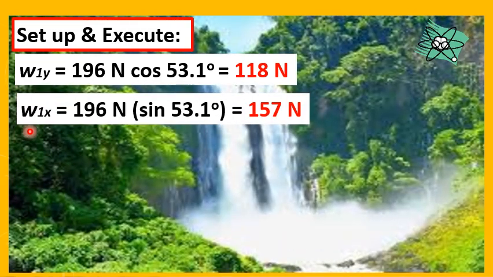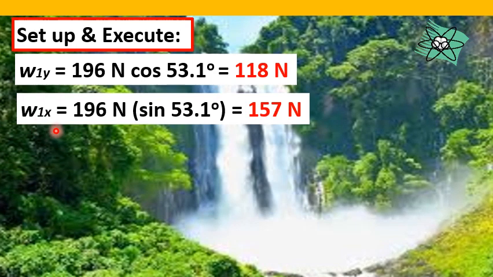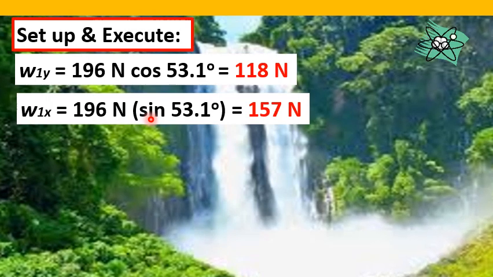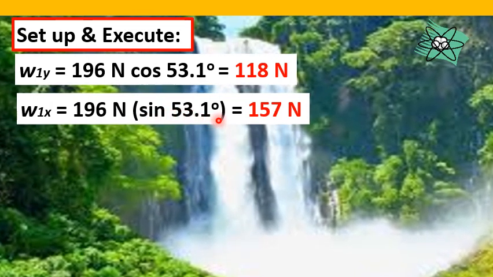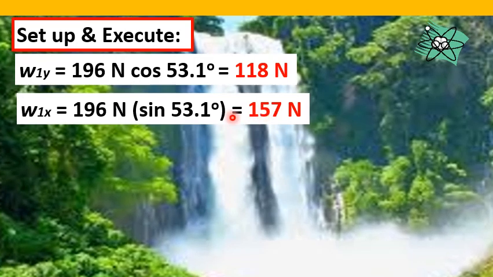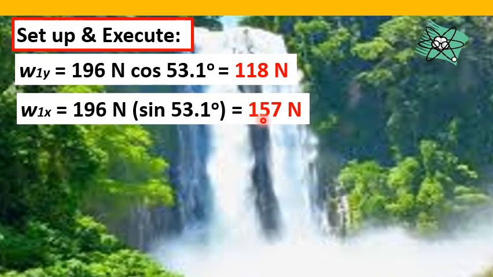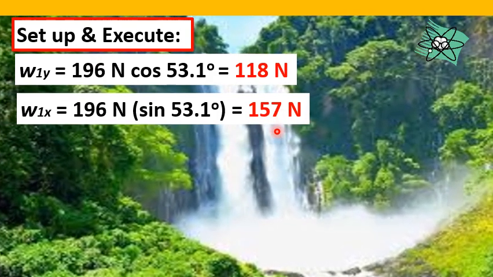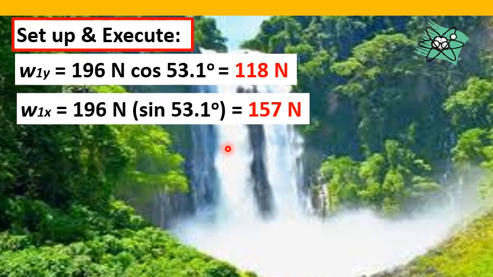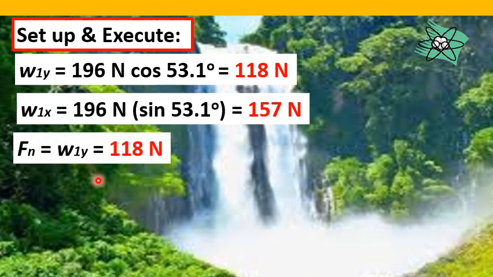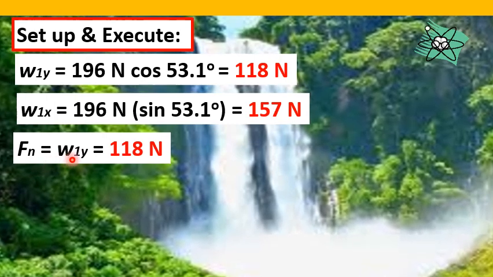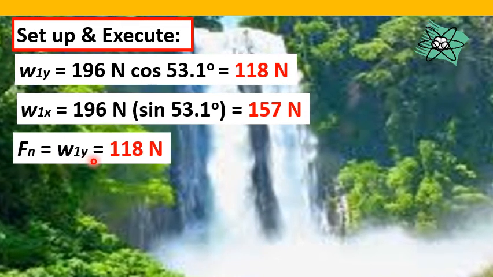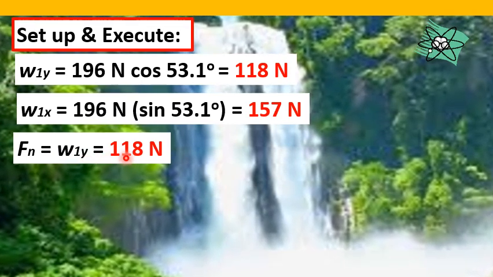Likewise, its x component, W1x, is equal to 196 newtons multiplied by the sine value of 53.1 degrees. So, doing our math, we find that W1x is equal to 157 newtons, also in three significant figures. The normal force, Fn, which is just equal in magnitude to the y component of weight 1, is, of course, equal to 118 newtons.